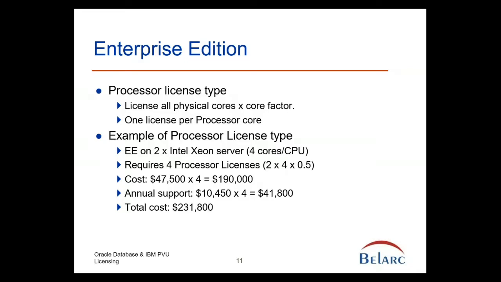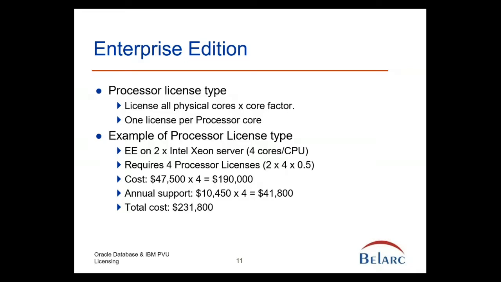Again, here's an example. Suppose you have your Enterprise Edition running across 2 different servers, and those servers are using Intel Xeon processors. And in this case, assume that each of those Xeon processors has 4 cores. So in that case, you're looking at 2 servers times 4 processors, which gives you 8 processors. And typically, in the case of a Xeon, the core factor is 1/2.